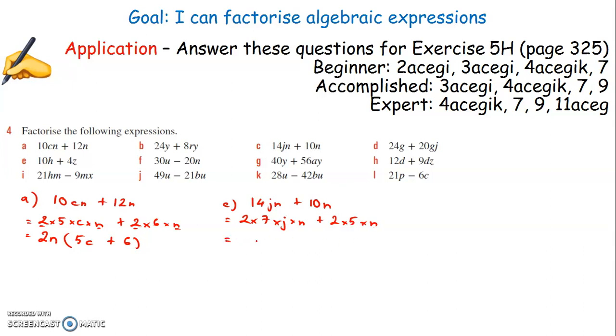Okay, so again, we've got the 2 being the same and the n being the same. So let's bring those two outside. So it's 2n outside, and then everything else we're going to put in the brackets. So for the first one, we have 7j, and then for the second one, we have 5. So this is our answer.